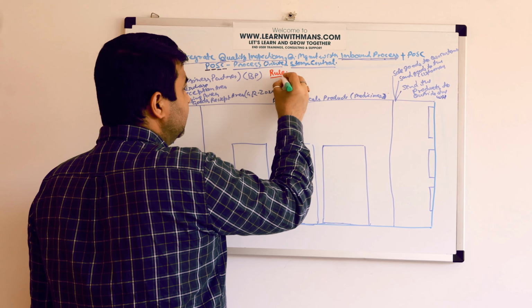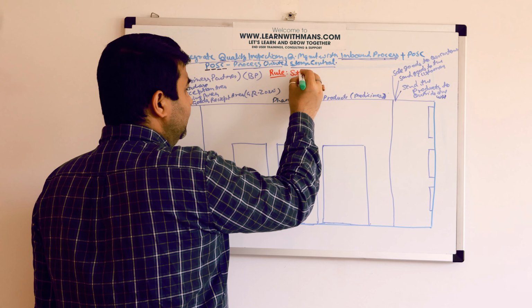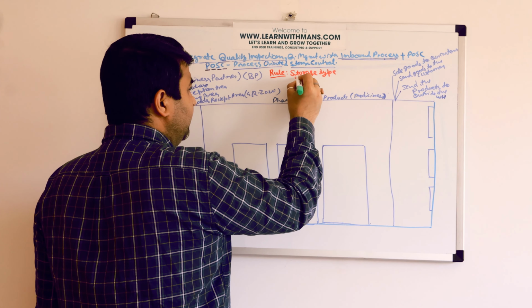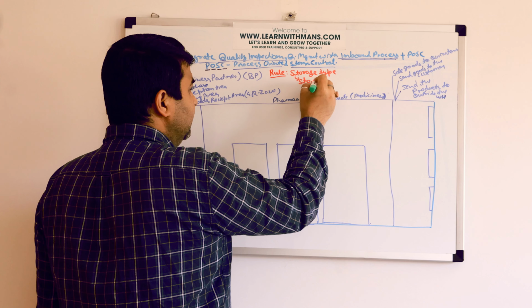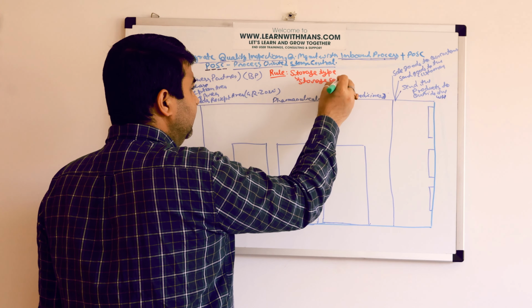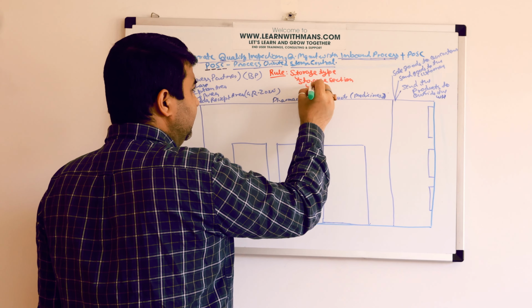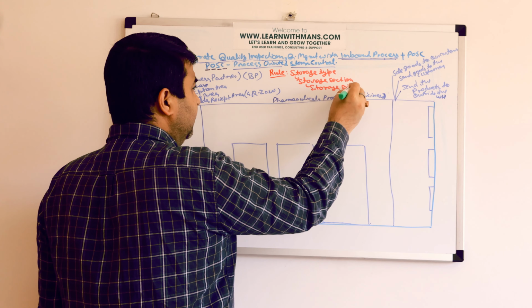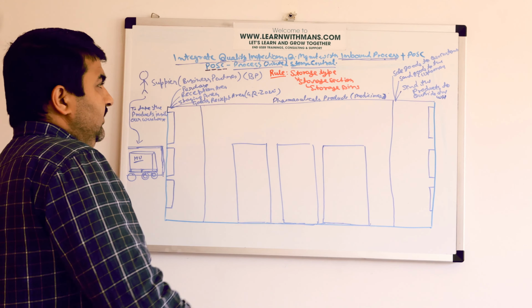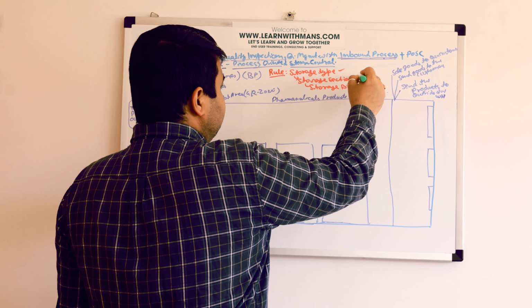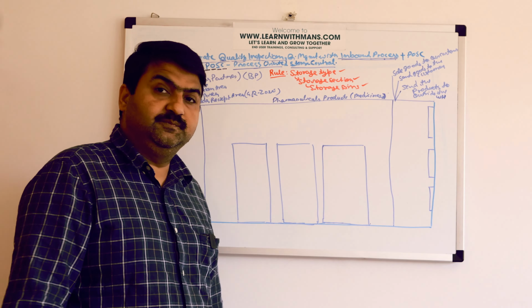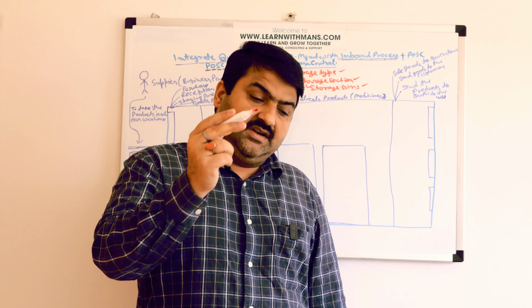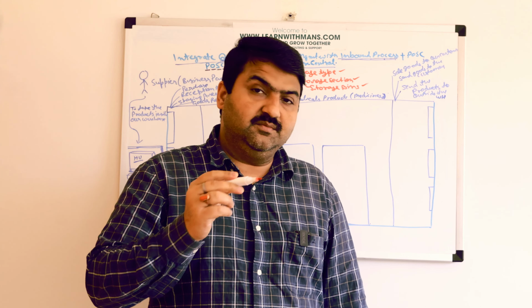Rule says we have the storage type. Storage type contains storage sections. Storage section contains storage bins. So storage type contains storage sections inside, and a section contains storage bins inside.